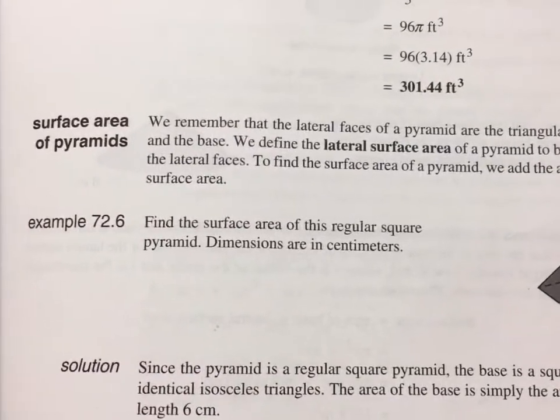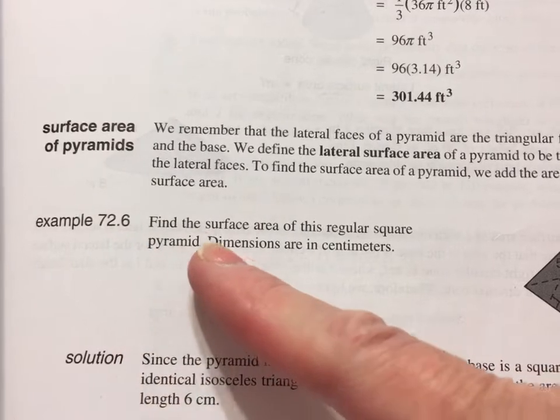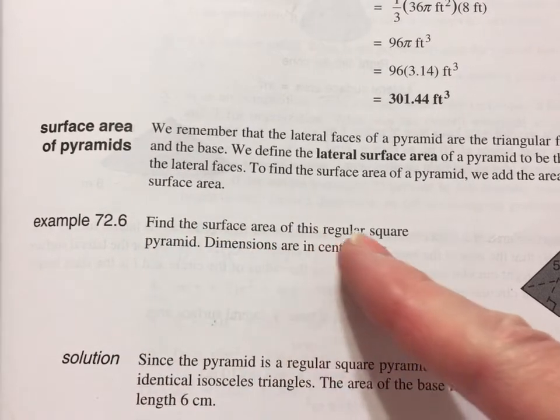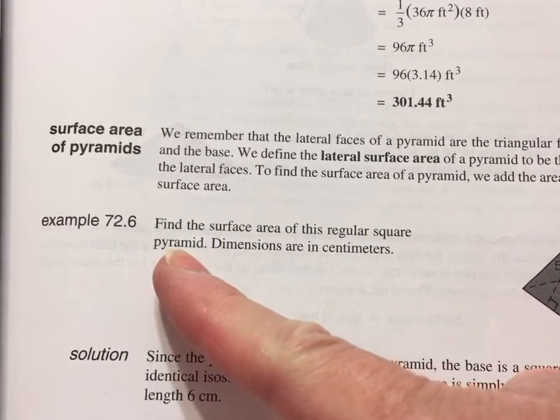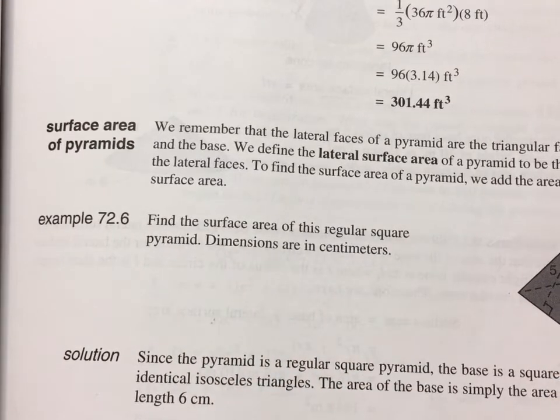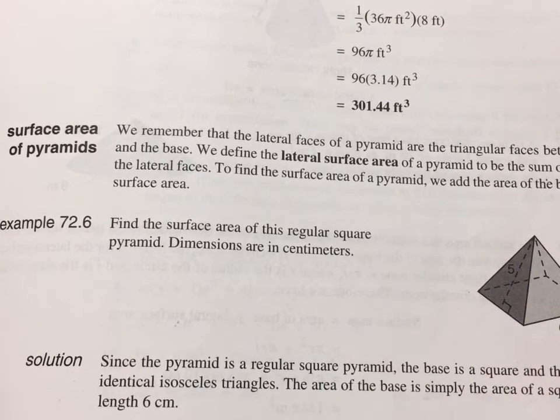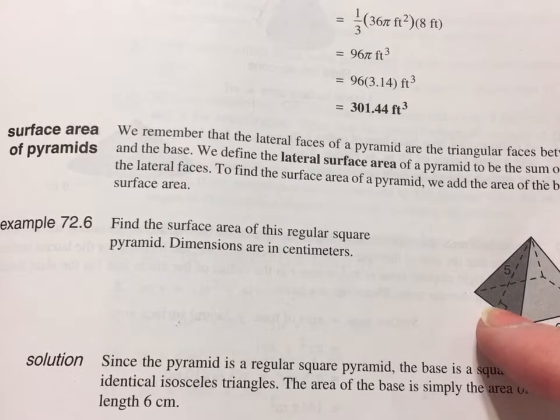Okay, so here, look at example number 6. Find the surface area of this rectangular square pyramid. Dimensions are in centimeters. So here is our pyramid, and it's 6, 6, 6, 6 on the base. So that's a square. They show you the right angles.